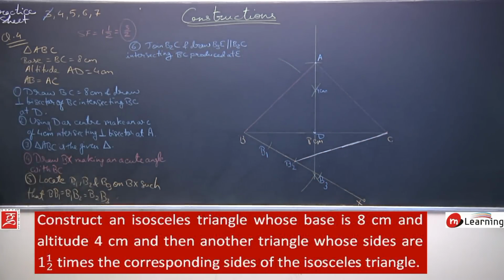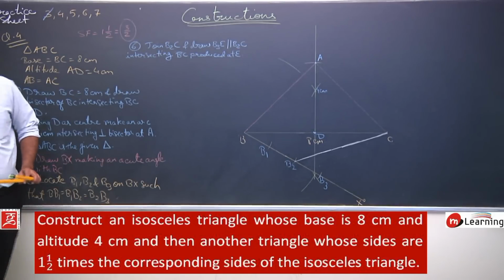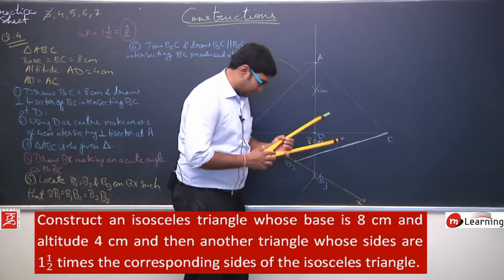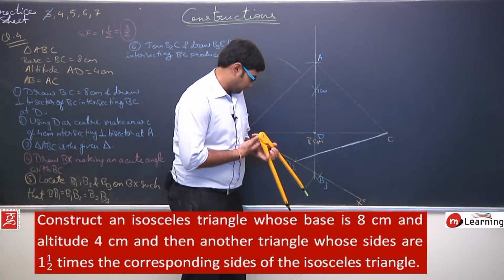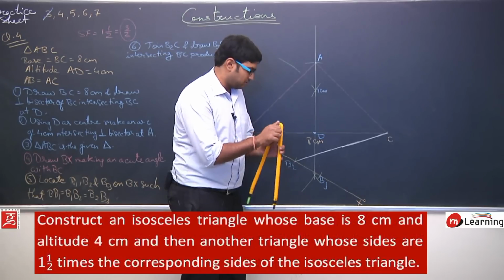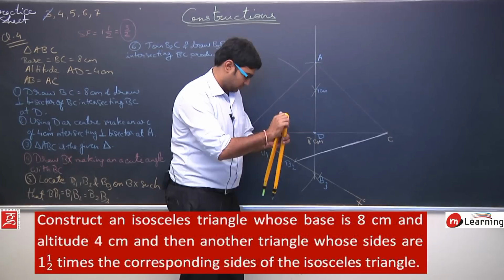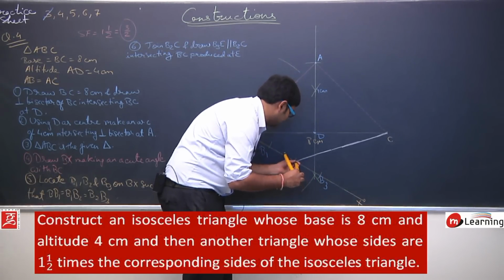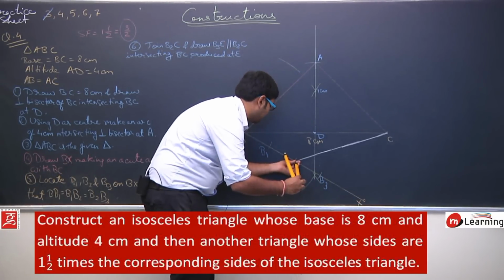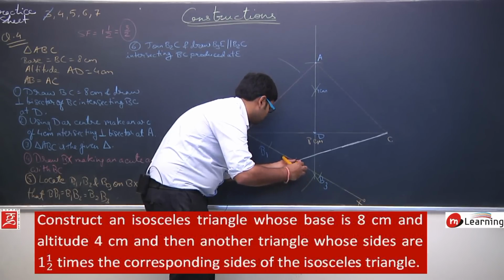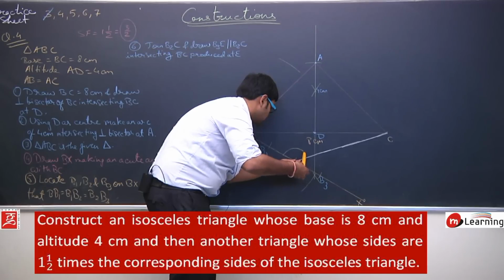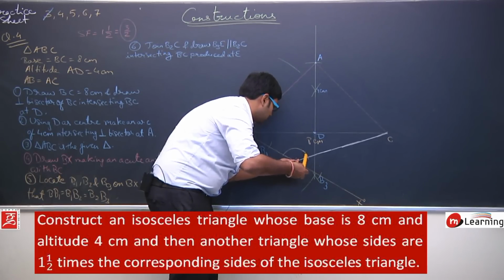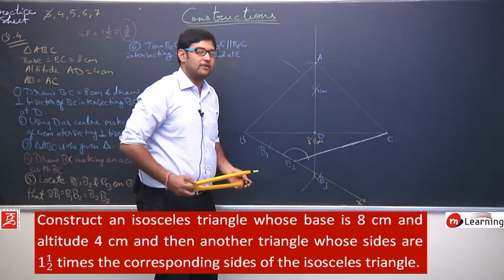So to draw the parallel line, take some random radius, okay, and let me take some smaller radius like this. With this point B2 as center, we will draw an arc like this. Yes, so we have got this arc.